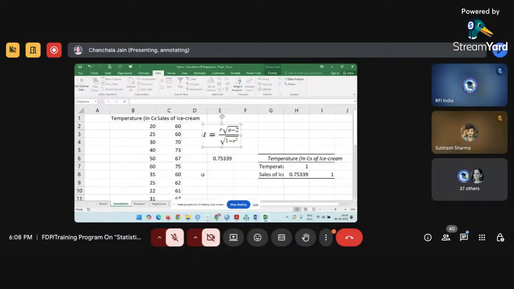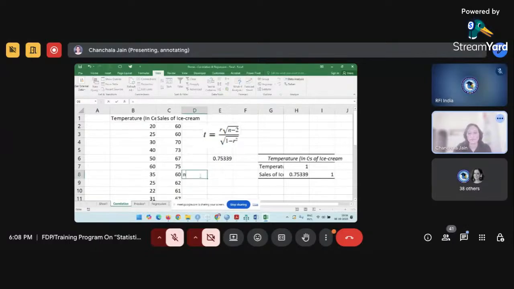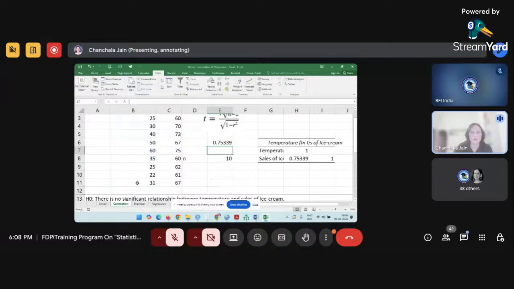So come here. Here you can see I will firstly calculate the n. N is what? It's a count, right? So you can select any of the series because it will always be in pair.